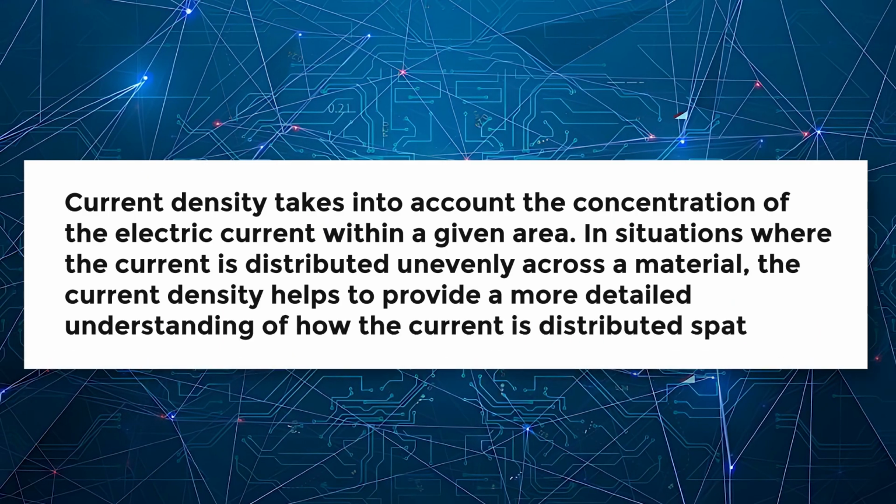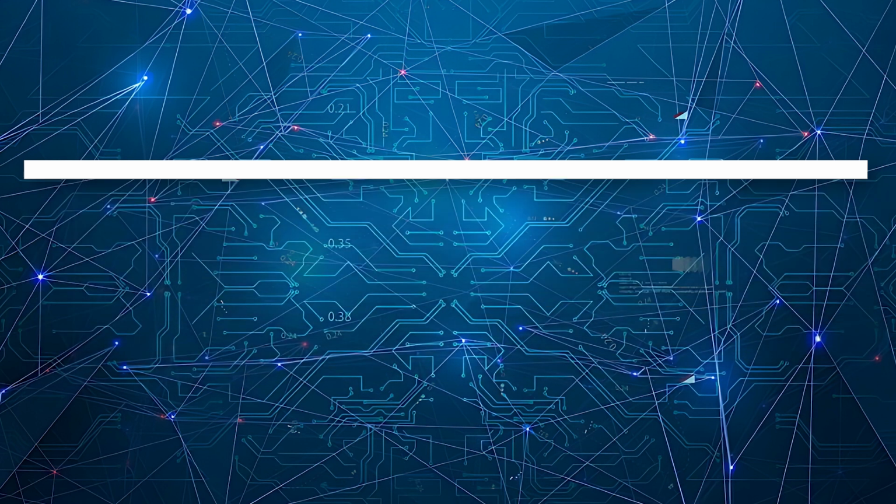Current density takes into account the concentration of the electric current within a given area. In situations where the current is distributed non-uniformly across a material, the current density helps to provide a more detailed understanding of how the current is distributed spatially.